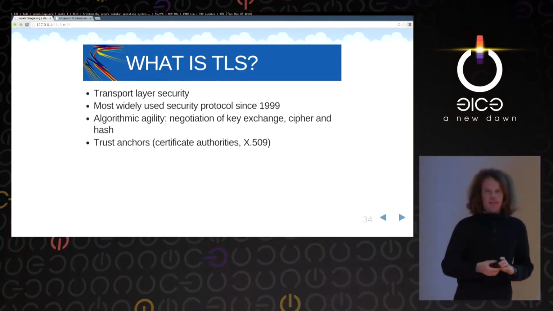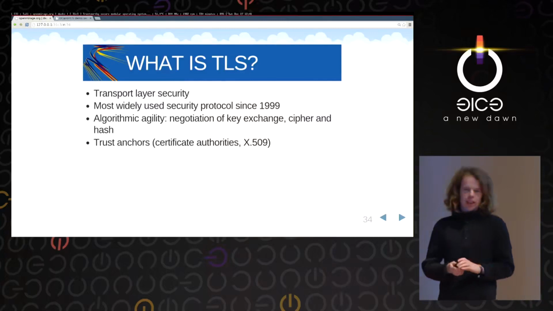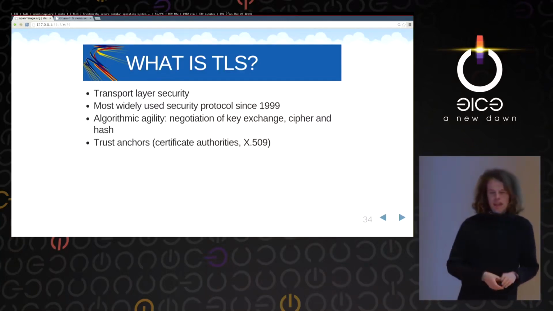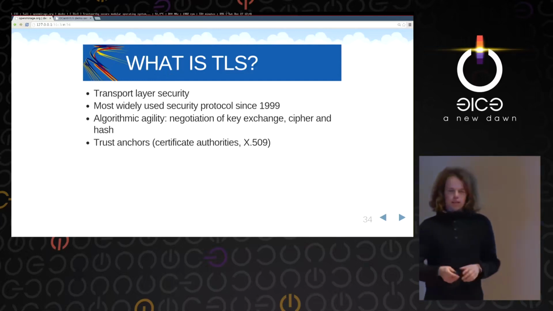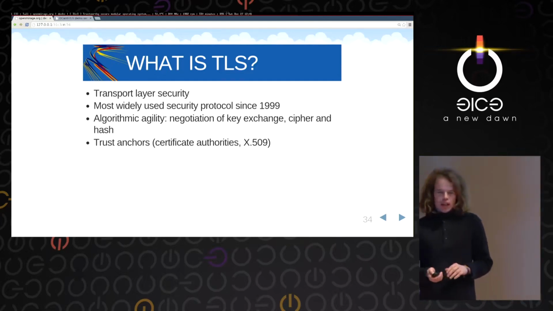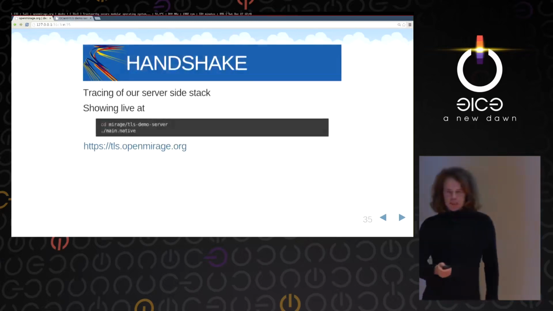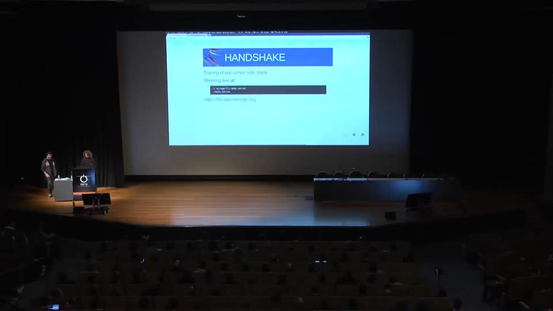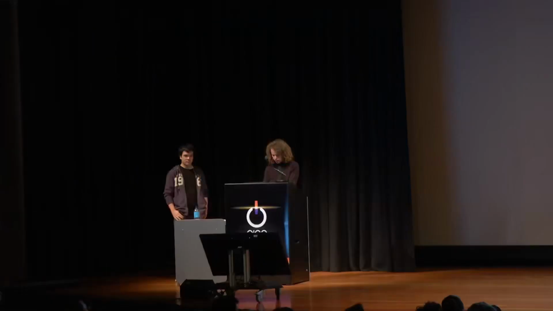The whole issue of secure communication is basically how to authenticate the other peer. And that is done in TLS using trust anchors, so those certificate authorities using X509 public key infrastructures. And yeah, I will just show you the handshake, because our stack, well, we wrote some tracing, we added some tracing features.